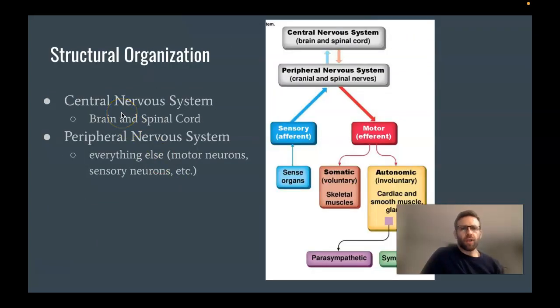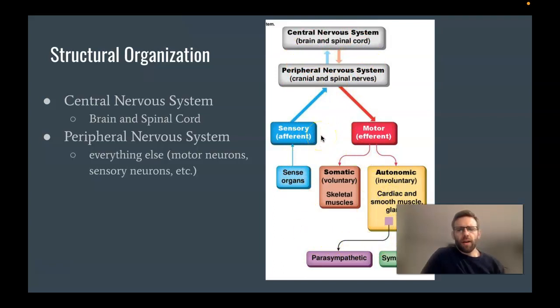When it comes to the structural organization, there are two major parts that you want to consider: the central nervous system and the peripheral nervous system. Central is just your brain and your spinal cord. When I'm looking at these things, I'm really just looking at the upper part of the picture. We'll get to the bottom part in a few minutes.